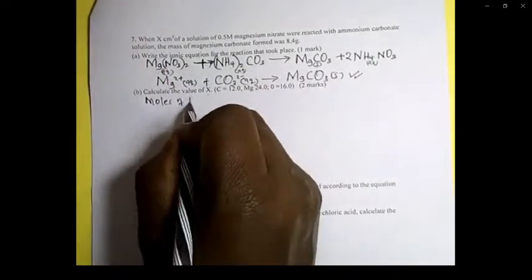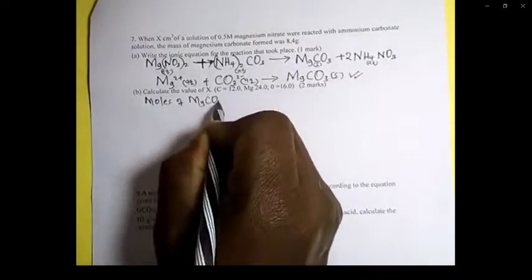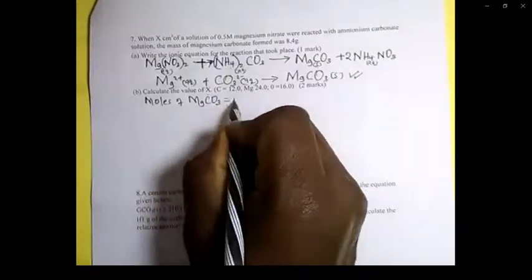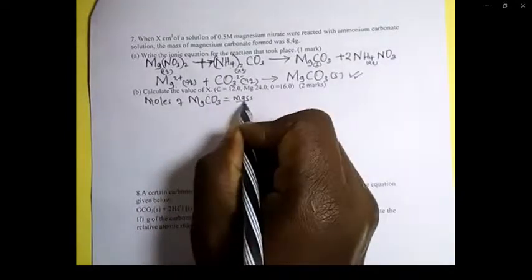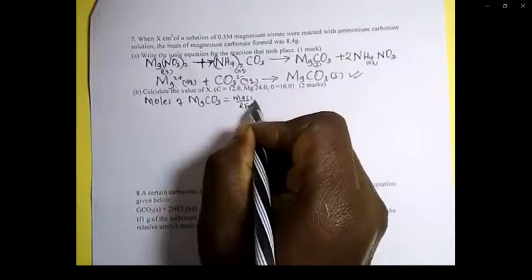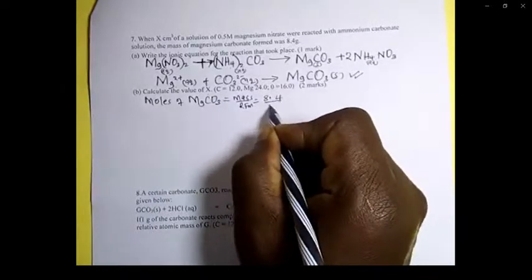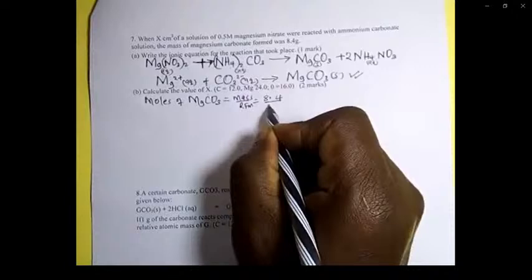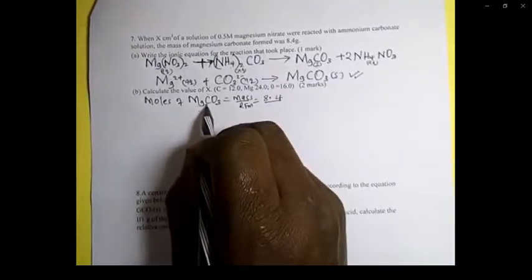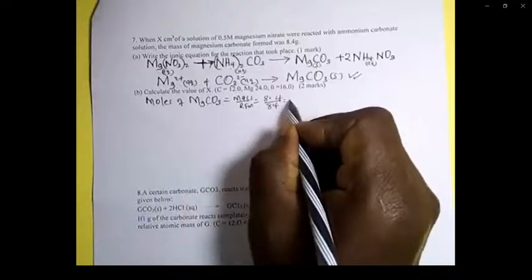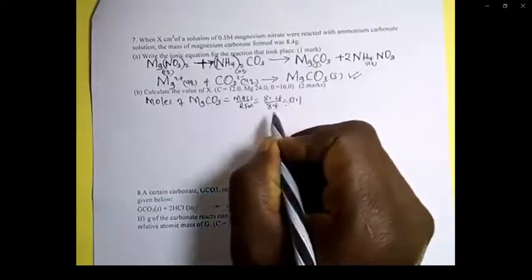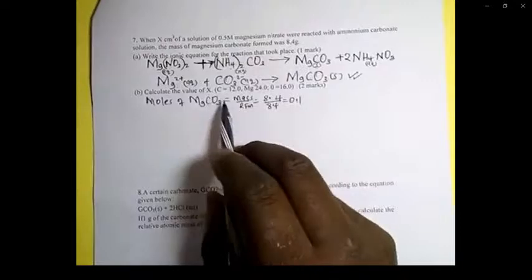So let us get the moles of magnesium carbonate formed, equal to mass over RFM. The mass we have is 8.4 grams divided by the RFM. Magnesium is 24 plus 12 plus 48, that is 84. The number of moles is 0.1 moles. So this is the number of moles of magnesium carbonate formed.